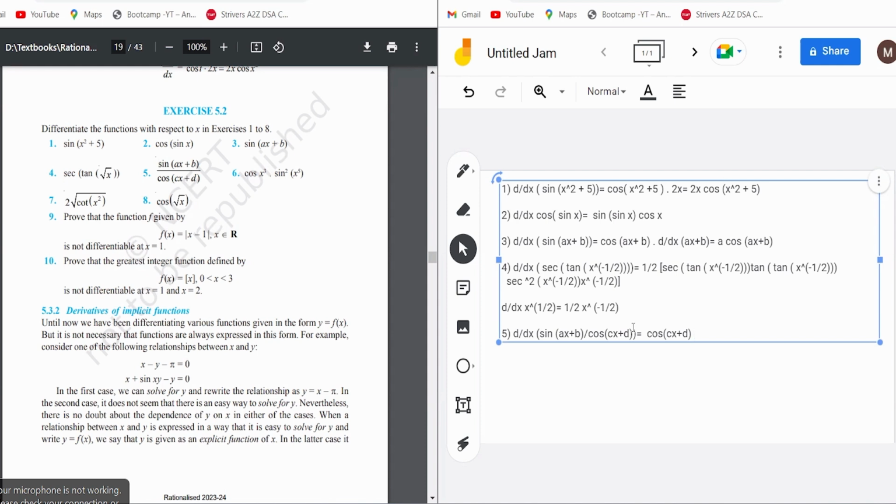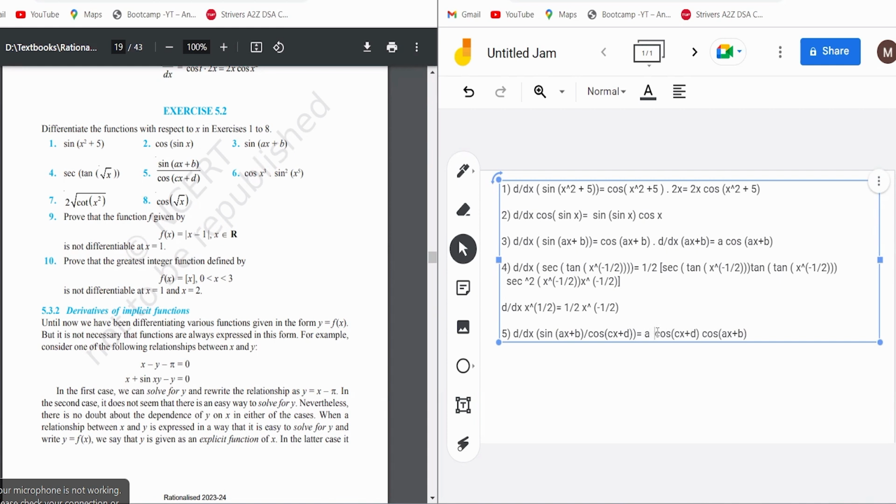Differentiation of sine of ax plus b is nothing but cos of ax plus b. Okay. So this is our differentiation. So it will be cos of ax plus b, but now we have to differentiate ax plus b also, and differentiating ax plus b will give us a. So it would be a.